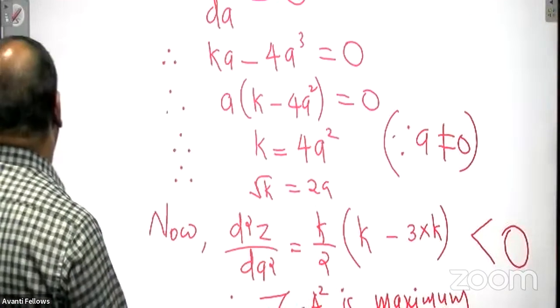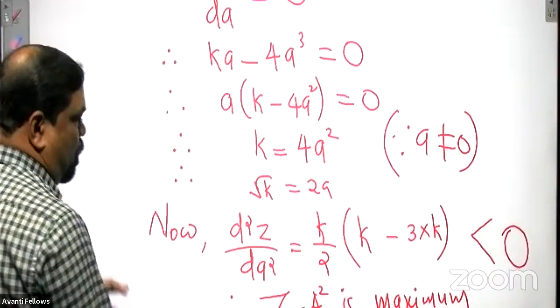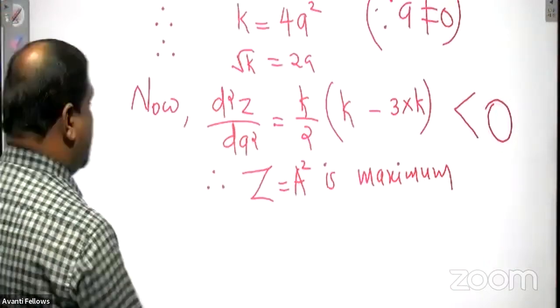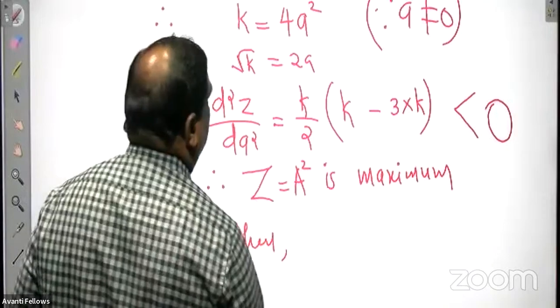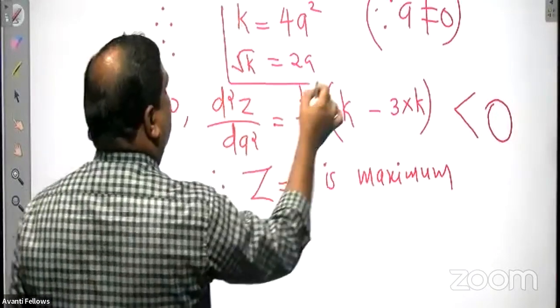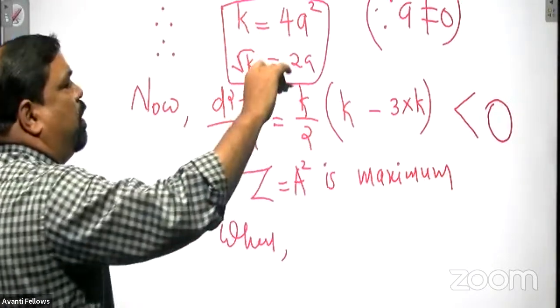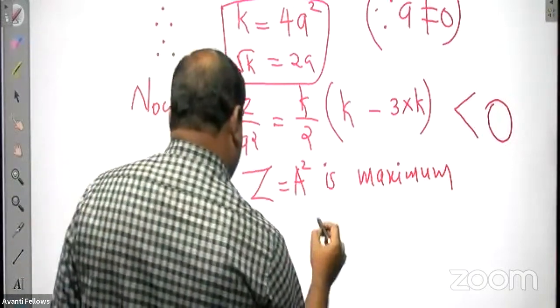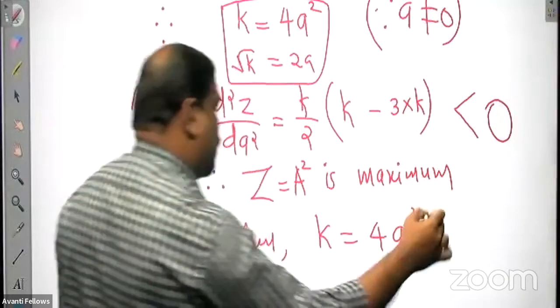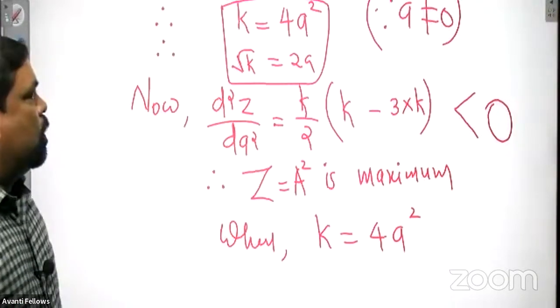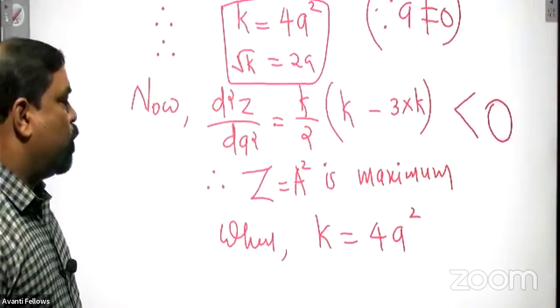When is it maximum? At this point, this is the critical point. Either you can write k is 4a square, or root k is equal to 2a.